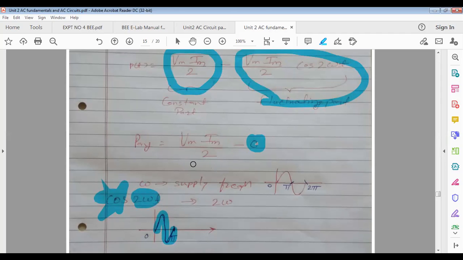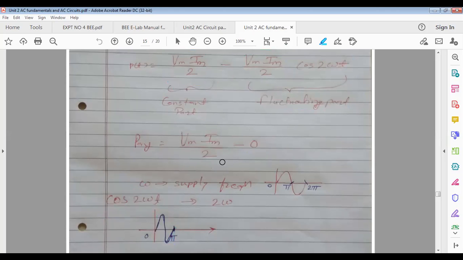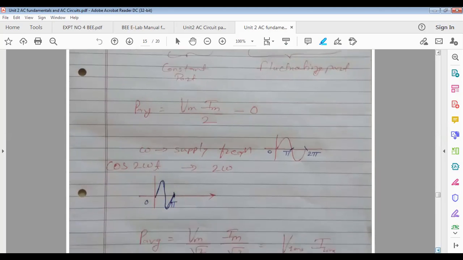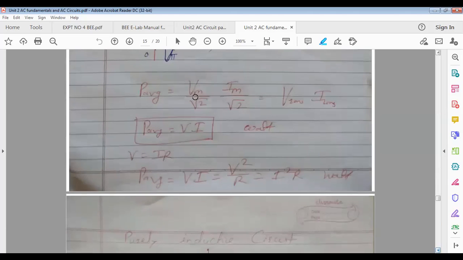This Vm Im by 2, can I write Vm by root 2 and Im by root 2? Yes. Okay, what am I getting? Vm by root 2, Im by root 2 is Vrms into Irms, means that is how much power a resistive type of load consumes, V into I. Whenever you switch on any resistive type of load, toaster, heater, incandescent lamp, iron, do they consume any power?